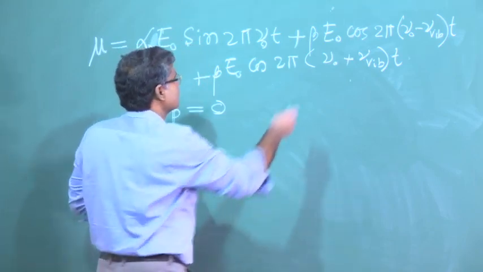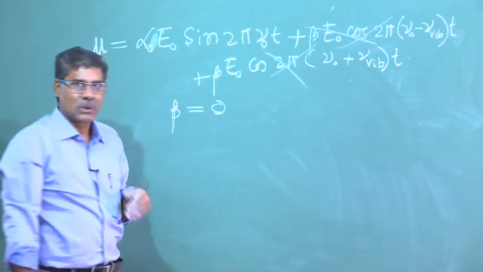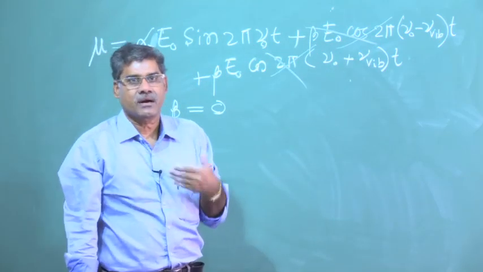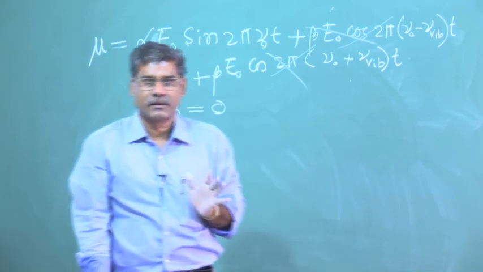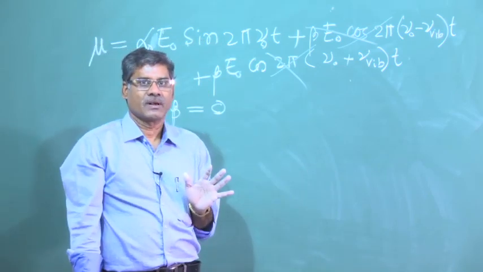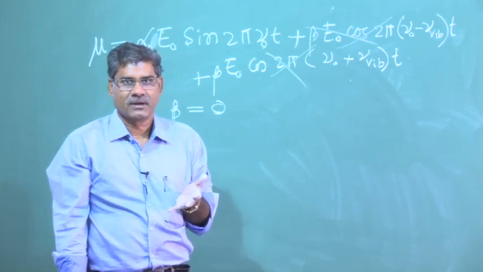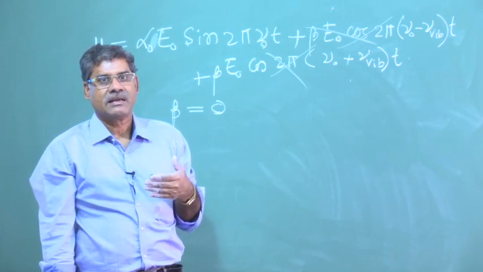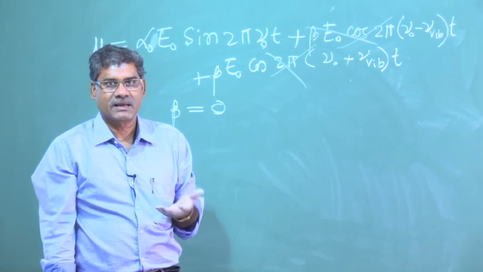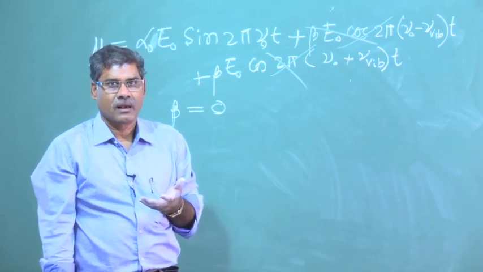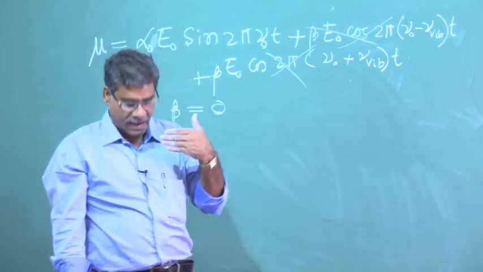So, if there is no change of polarizability when incident radiation falls on the molecules, then you will not get the Raman effect. It will be a Raman inactive molecule. So, to see the Raman effect, the molecule has to be Raman active.